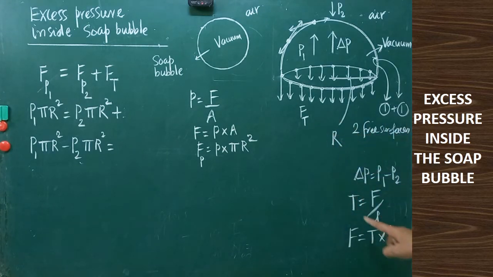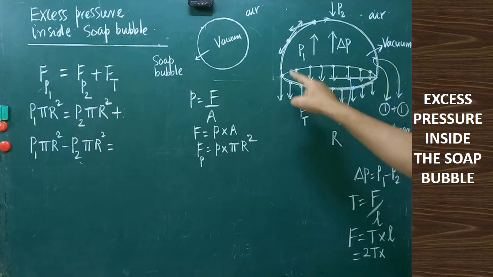The force due to surface tension is to be calculated. How to calculate it? T is equal to F by L. Surface tension is equal to force by length. F is equal to T into L. So the force due to surface tension is T, surface tension, into length. Here, how many free surfaces are there? 2. Therefore, the force is acting on 2 surfaces, so 2 must be written. 2 into T into, instead of L, the circumference must be taken into account.